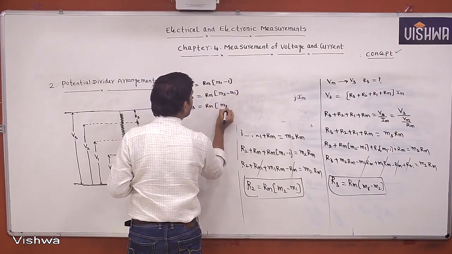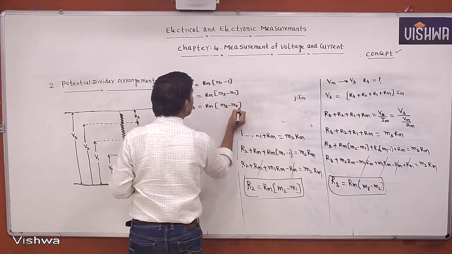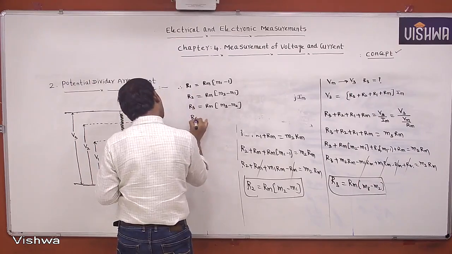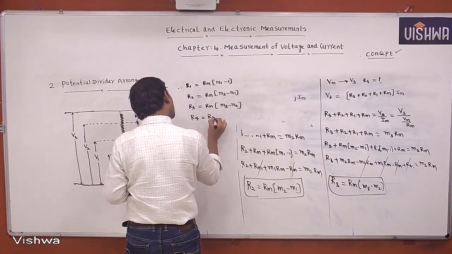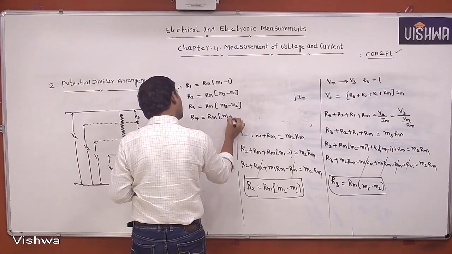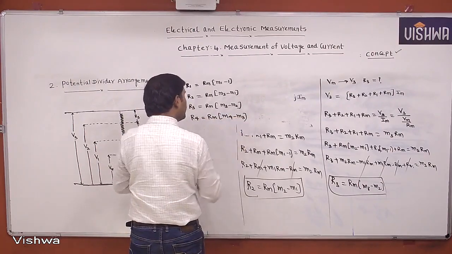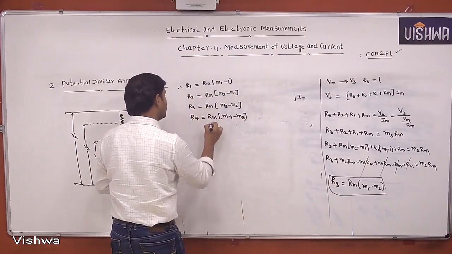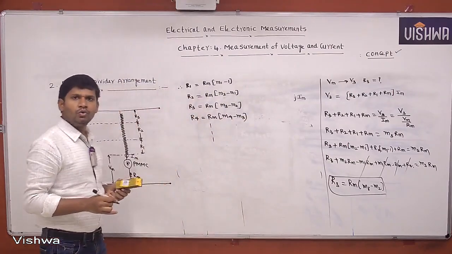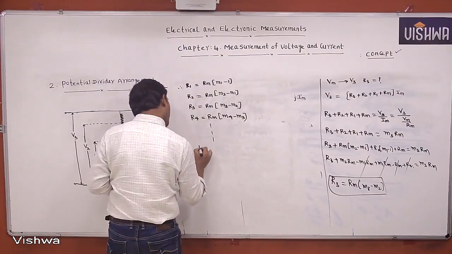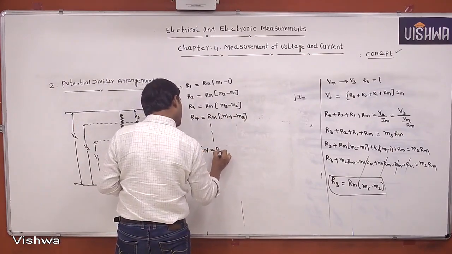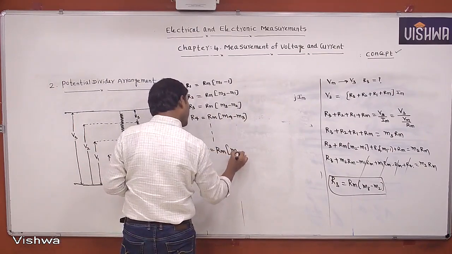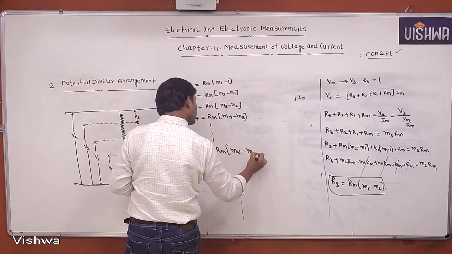Rm into M3 minus M2. Then what is R4 equal to? Rm into M4 minus M3. But I want a generalized formula, and so on. Then how to write Rn, you tell me? Rn equals Rm into Mn minus Mn minus 1.